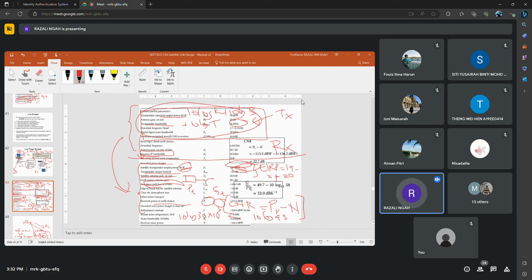Either way, using 45 is acceptable for this one. 58 is, according to the reference book, the correct one, but if you use 45, it's also acceptable. Is it okay? Okay, thank you, Doctor.